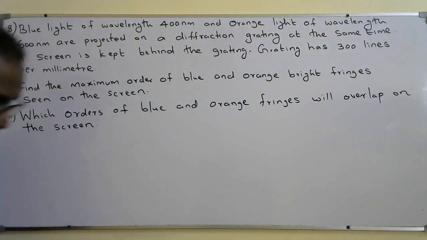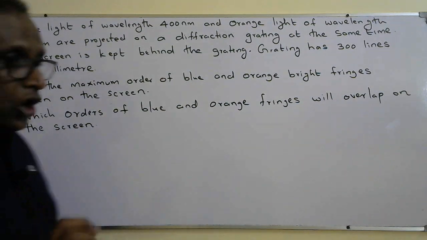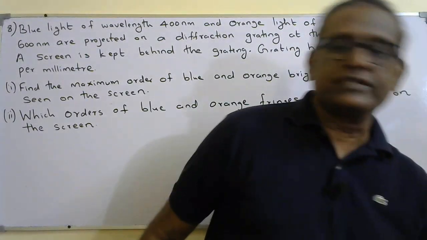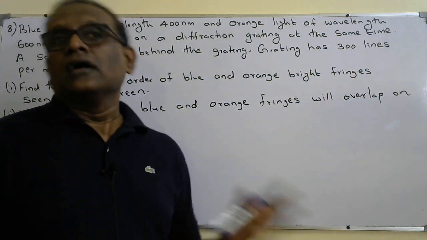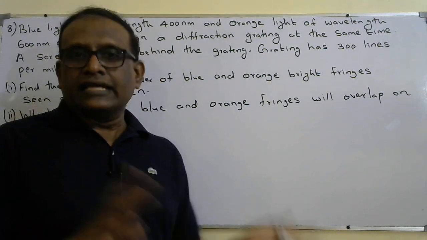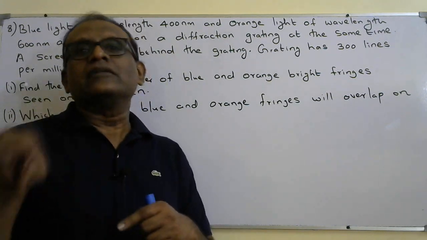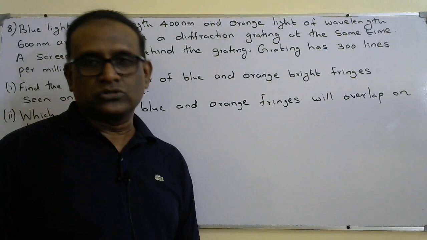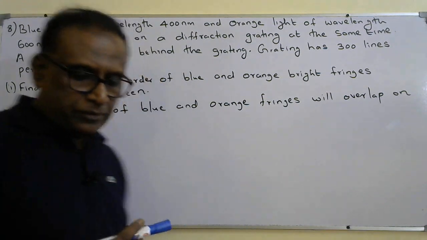Find the maximum order of blue and orange bright fringes seen on the screen. They are not asking how many fringes, but the order. Earlier we found the order, then multiplied by 2 and added 1 because of the zeroth order. Here it's just the number of orders.